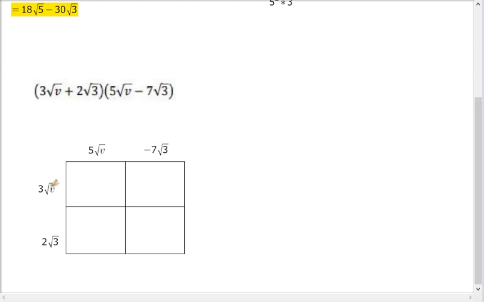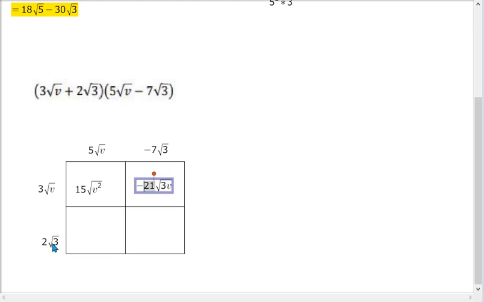Then you are going to multiply this times this and this times this. Remember, coefficient with coefficient, radicand with radicand. So we are going to have 3 times 5, which is 15, square root, b times b, which is b to the second. Then here we have 3 times negative 7, which is negative 21, and b times 3, which is 3b.